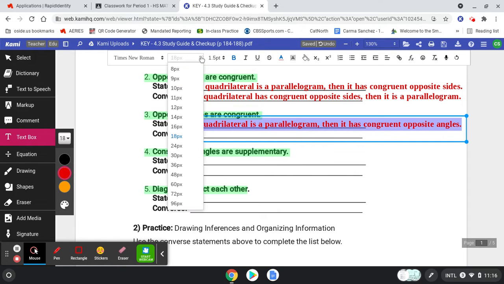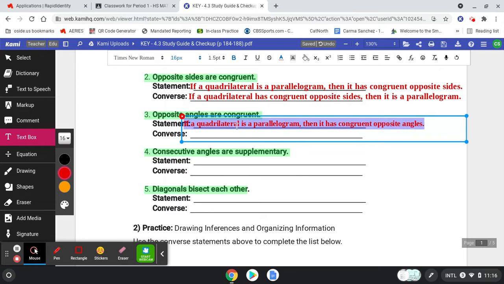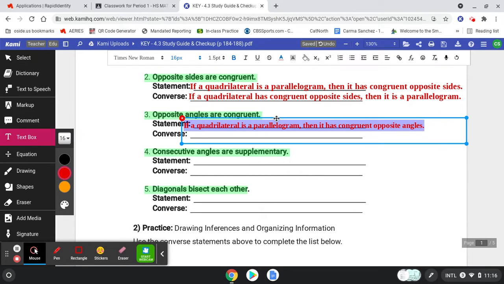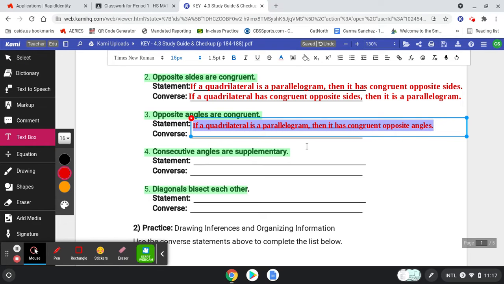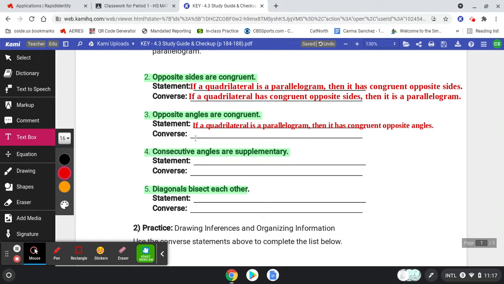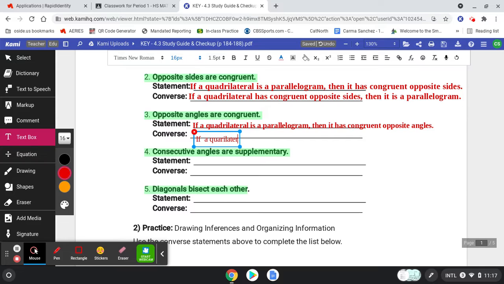Looks like I'm going to need to go down on the font here a little bit to make this work. And then we're going to reverse that. If a quadrilateral has congruent opposite angles, then it is a parallelogram.